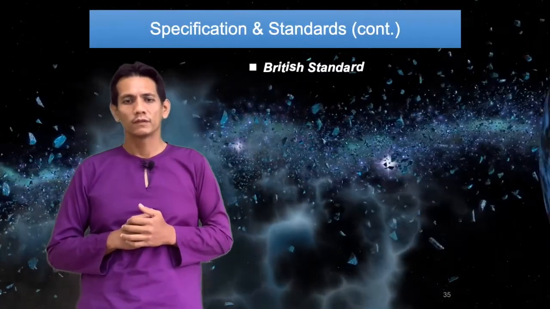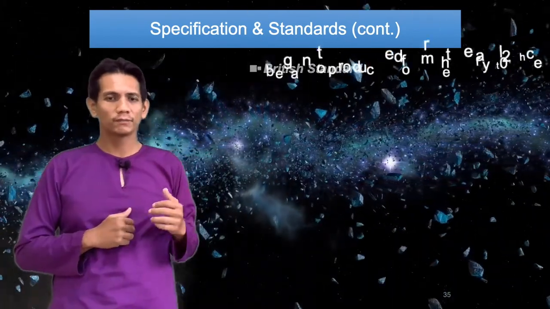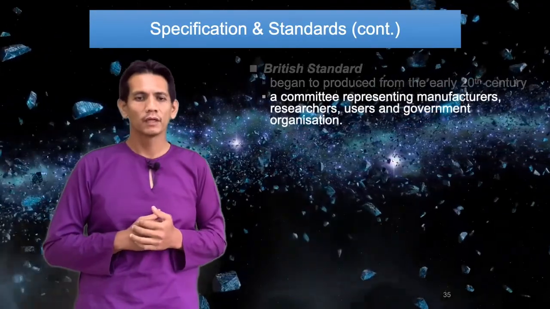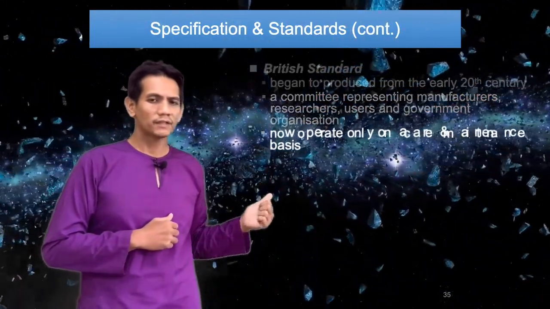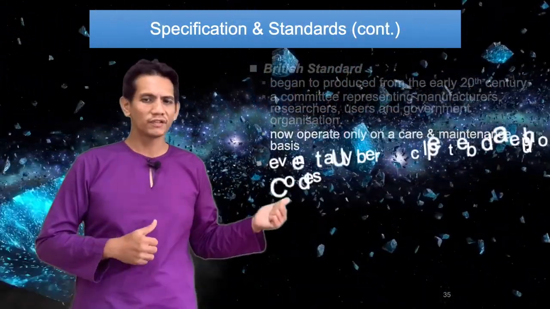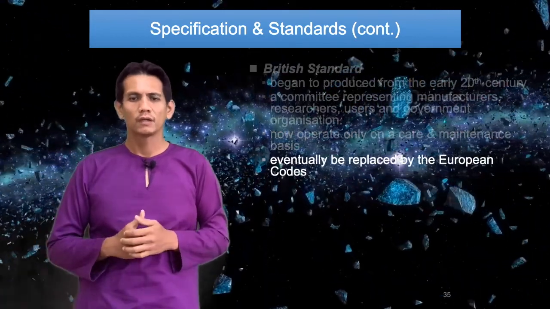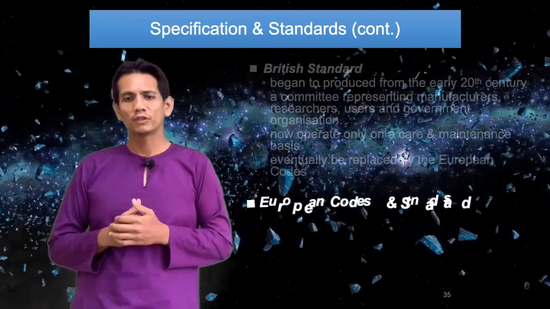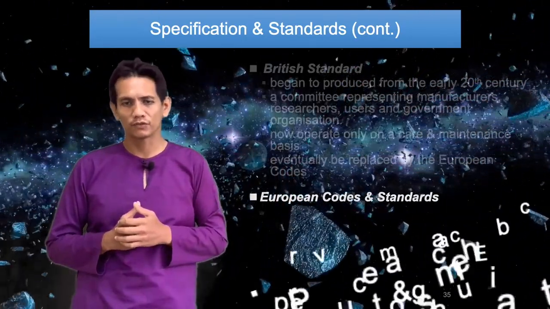So first we have British standard, which began to be produced from the early 20th century. A committee representing manufacturers, researchers, users, government organizations. It operates only on a care and maintenance basis, eventually to be replaced by the European codes.